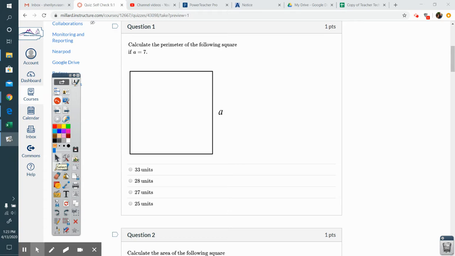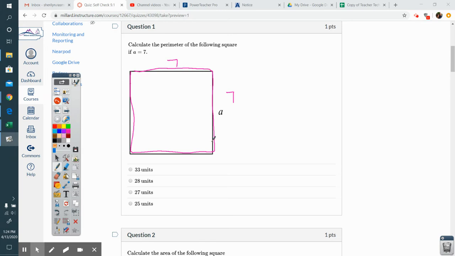So here we have a square. Square means every side is the same. So if one side is 7, like this, then this other side is 7. And whenever you're doing perimeter, perimeter means you're adding all edges on the side. So it's this, plus this, plus this, plus this. If it's a square, remember, multiplication is repeated addition.